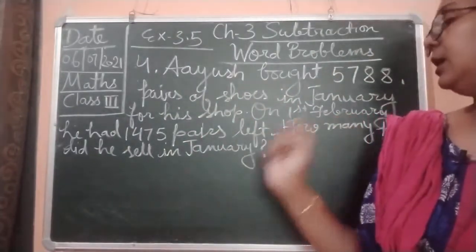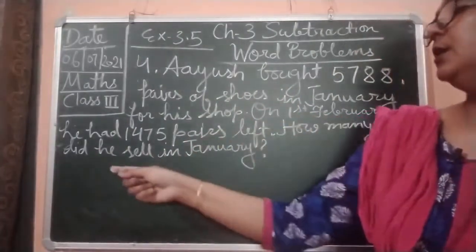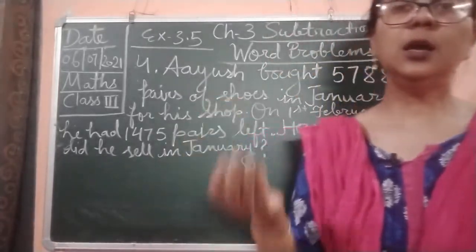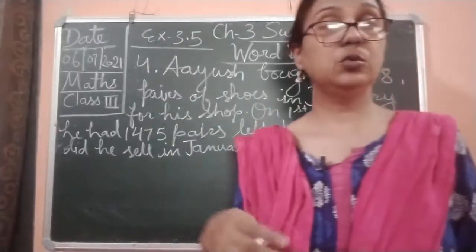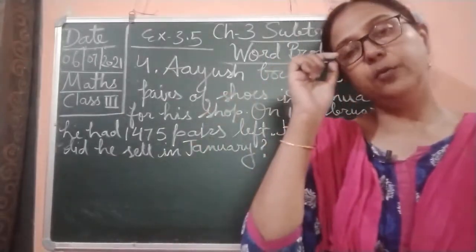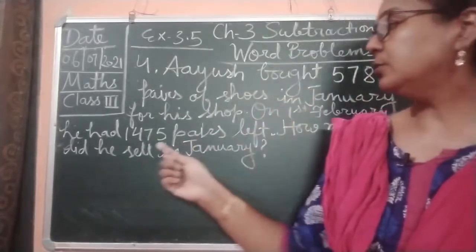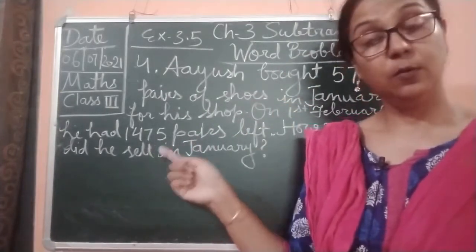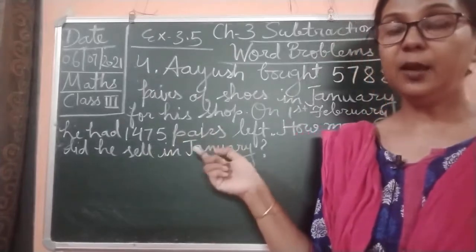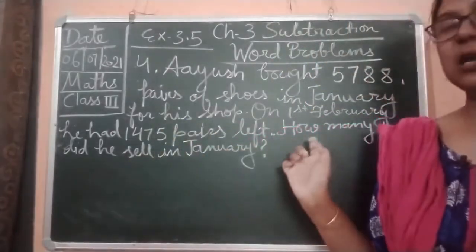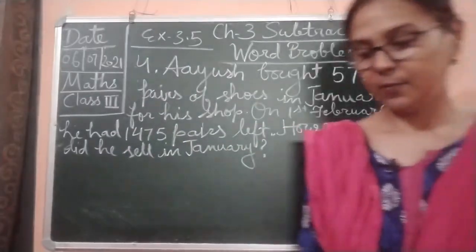So how many pairs did he sell in January? So now the question is how many pairs of shoes he sold. Okay, so for this we have to subtract from the total the pairs that are left. So that is how we can take out the correct answer of this question.